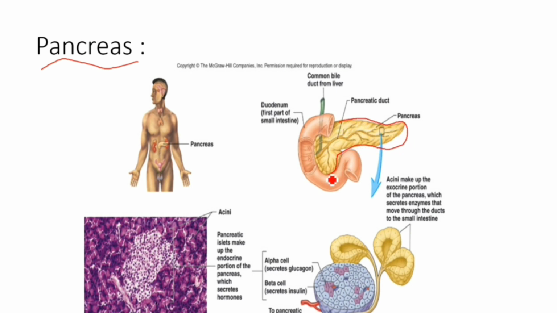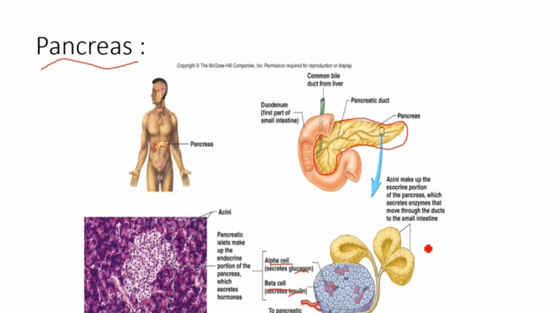The pancreas lies below the stomach, next to the duodenum, and the islets of Langerhans have different types of cells like alpha cells, beta cells. It also has delta cells and F cells. Okay, so the alpha cells secrete glucagon, and the beta cells secrete insulin. The delta cells secrete somatostatin, and F cells secrete pancreatic polypeptide.